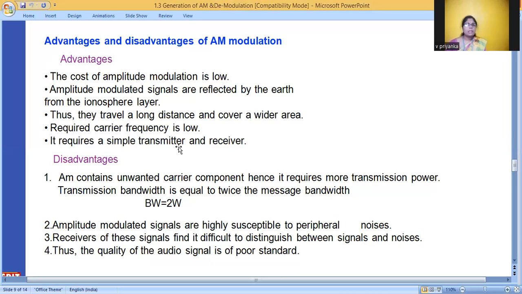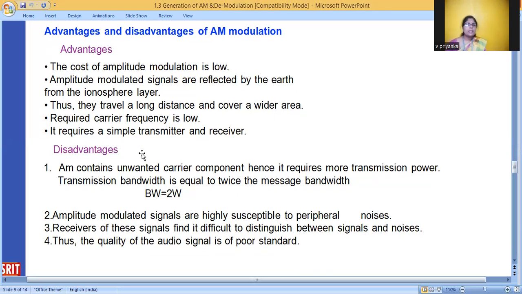Then, coming to disadvantages, amplitude modulation contains unwanted carrier components. Hence, it requires more transmission power. The transmission bandwidth is equal to twice the message bandwidth.